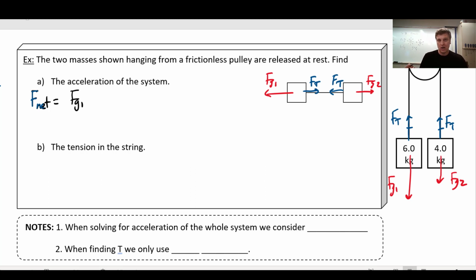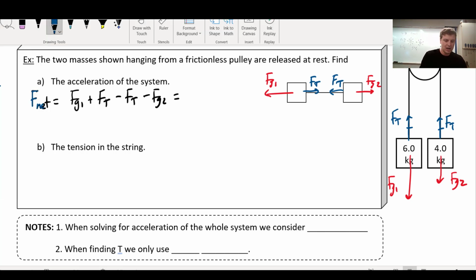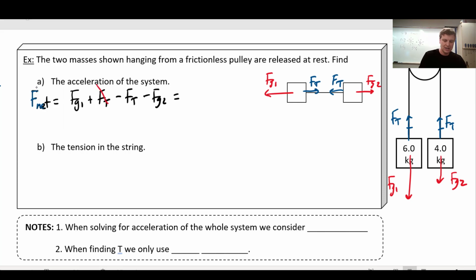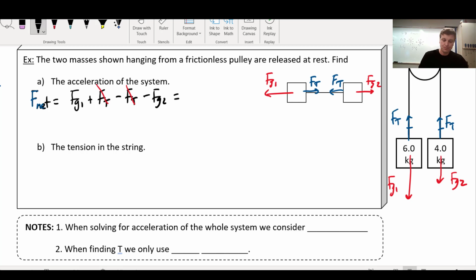Notice that I've also got one of my tension forces pulling to the left, so I'm going to add my tension force. And then pulling back to the right is one of my other tension forces and FG2. Now, at this point, you're probably already saying, do we have to do this? And the answer is no. You do not need to every single time write out plus tension minus tension. I'm just trying to prove a point, and we'll skip that in future steps.